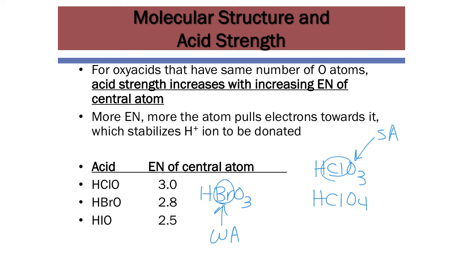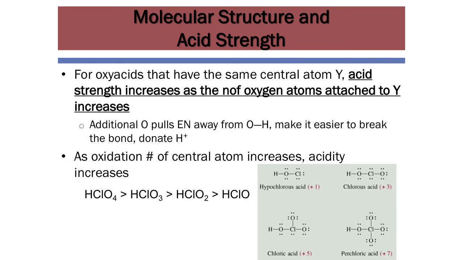It will donate the hydrogen ions easier. The same thing is shown here with hypochlorous acid and then the bromine and the iodine versions. So the HClO would be the strongest one out of there.